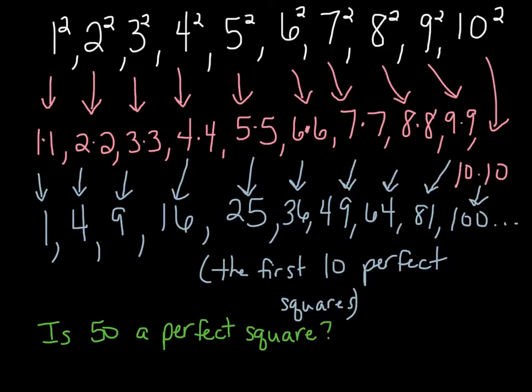We can look down our list here, and we can see that 7 times 7 is equal to 49, and 8 times 8 is equal to 64, and since that puts 50 right in between those two, it means it's not a perfect square, because nothing times itself would equal 50. So we would say, no, 50 is not a perfect square.